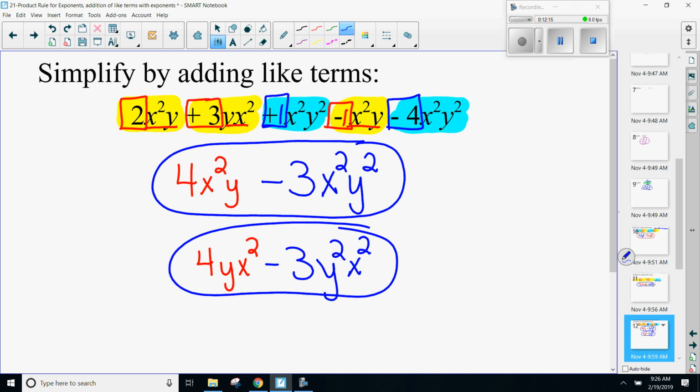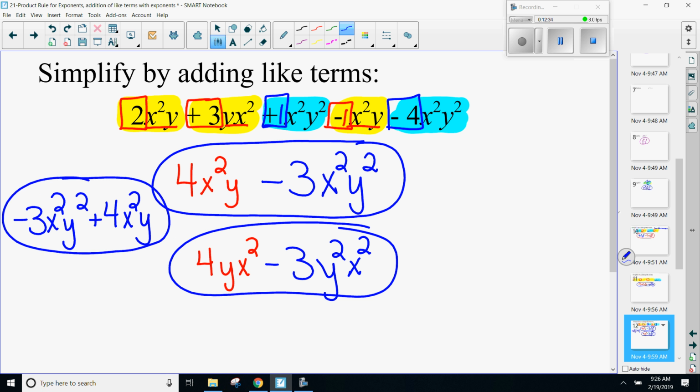Same. It's the same. What about this? Is this the same? Yeah, this is okay as well. Just this sign, the negative has to go with the 3, and the 4 has to be positive.